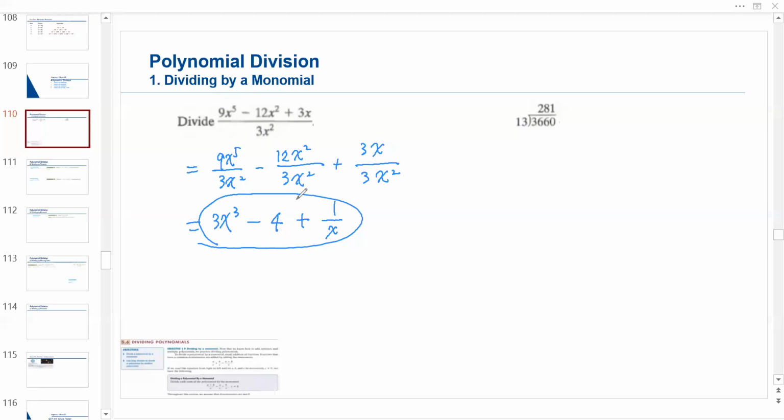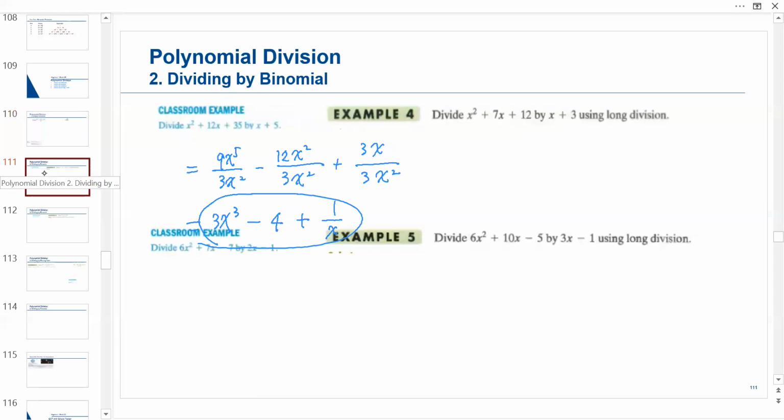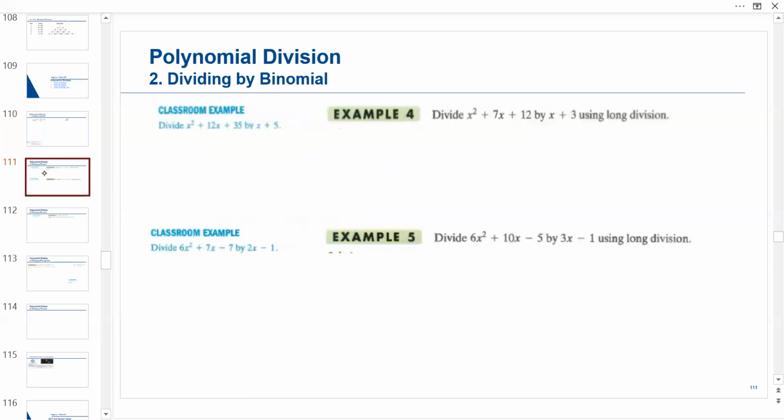What about dividing by 2 terms? All right, let me go to the second line. When the denominator has 2 terms, for one polynomial divided by 1 term, we can use the previous method. What about dividing by 2 terms?